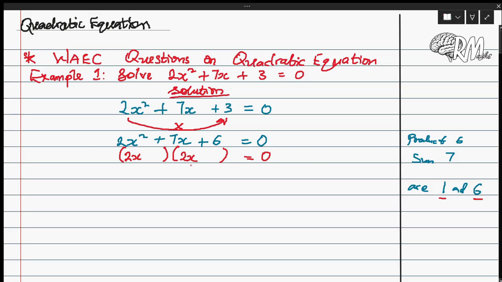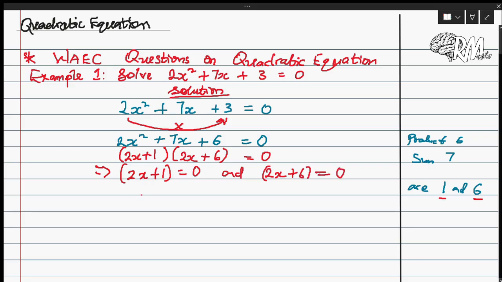Remember, they are positive numbers, so I will have plus 1 and plus 6. Finally, I will equate each bracket with 0. So I have 2x plus 1 equals 0, and 2x plus 6 equals 0.